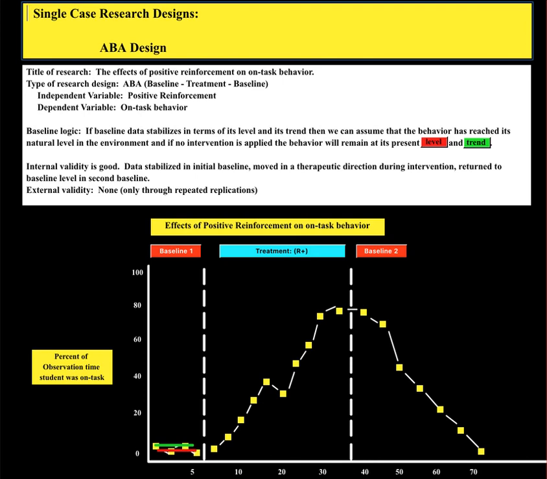So the question now becomes, what can we say about the effects of positive reinforcement on on-task behavior? Well, in this case, we can say quite a lot.